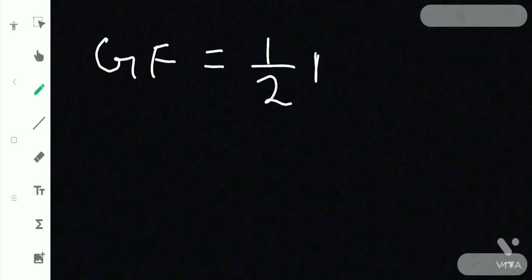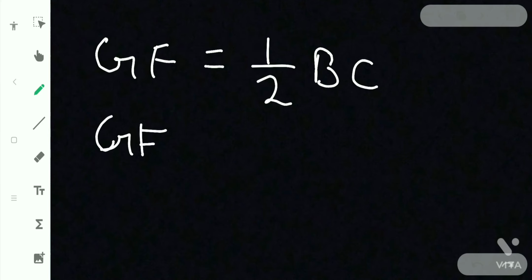GF will be equal to half of BC. GF is parallel to BC. Now just ignore GF is parallel to BC.